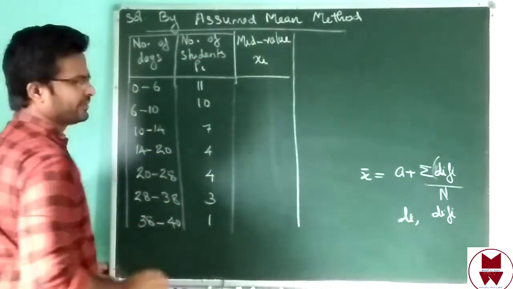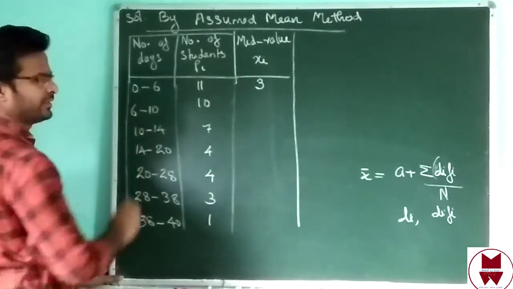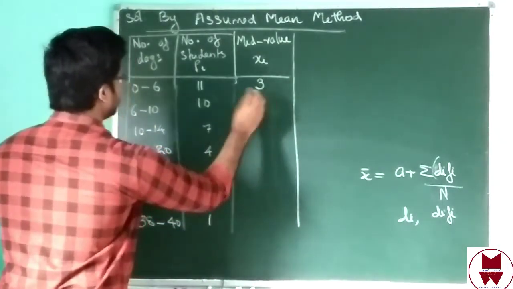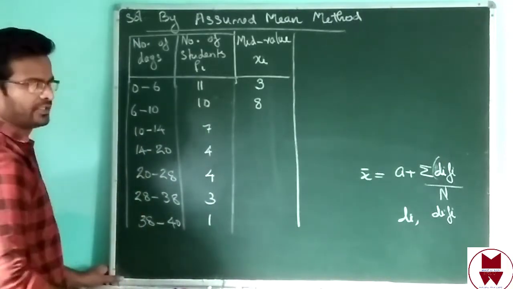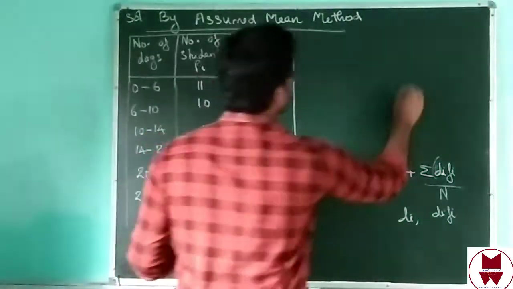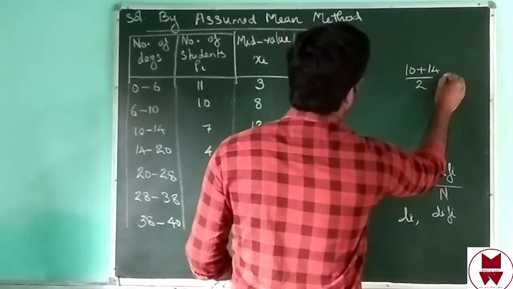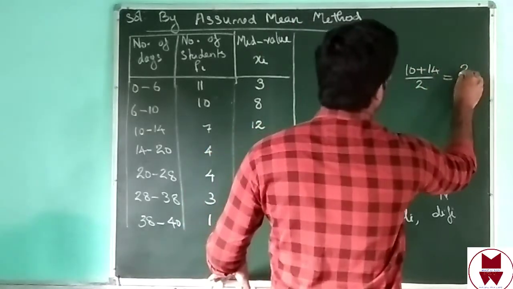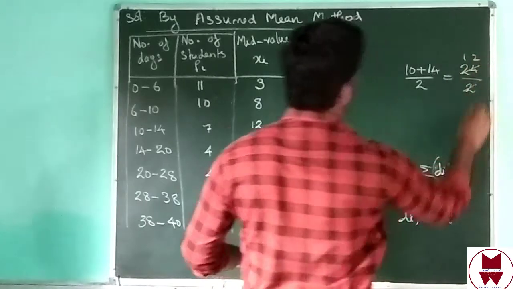Between 0 and 6, that is 3. 6 and 10, 8. In between 10 and 14, which number will come? 12. You can find out 10 plus 14 divided by 2. 10 plus 14, 24 divided by 2, cut it, 12.